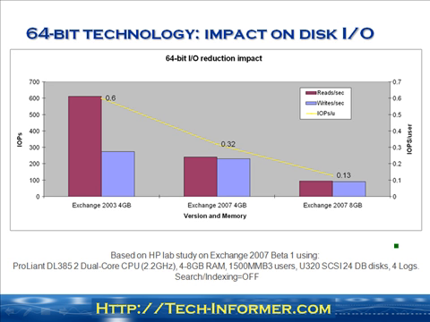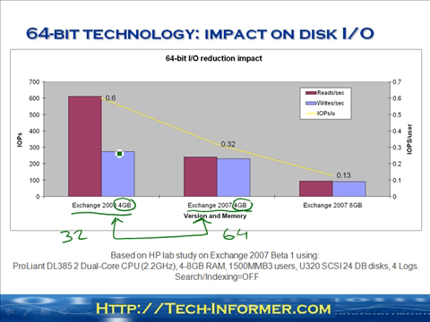Now this is one of the biggest impacts that you'll find with 64-bit technology. Most people think 64-bit means my CPU is going to work faster. But the reality is that the biggest gain you're going to get is in disk I/O, disk access. If we have a look at this, we're talking about Exchange 2003 running on 4 gigs of RAM. Over here we've got Exchange 2007 also running on 4 gigs of RAM. So these two systems are basically the same, except that this one is 32-bit, and this one is 64-bit.